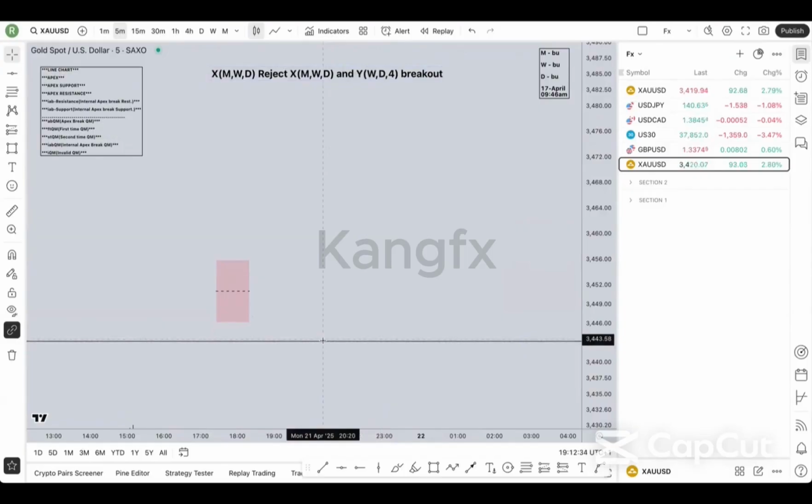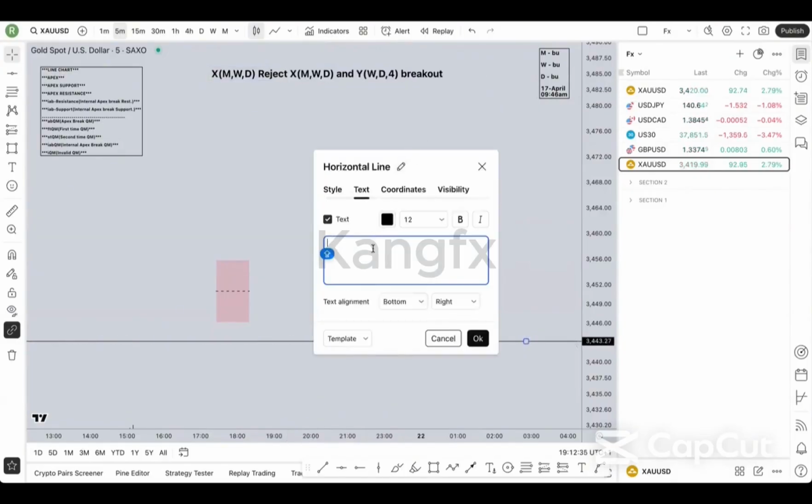We're going to call this a key level. It can be any kind of key level. This key level can be SBR, can be RBS, can be OCL, can be support, can be resistance, and it can be QM.